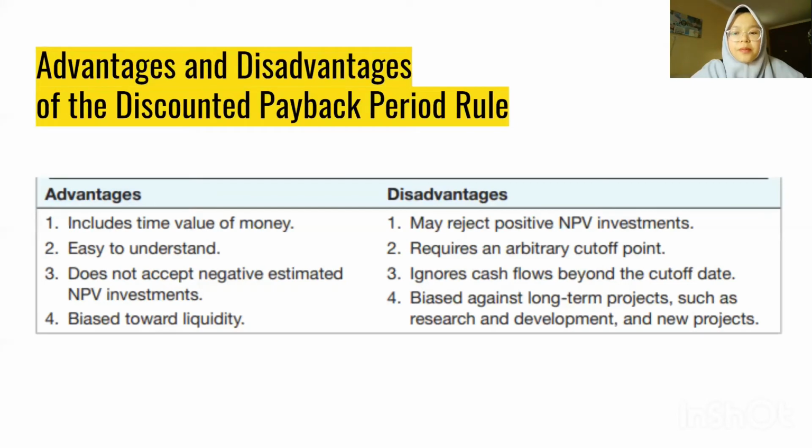The first one, it may reject positive NPV investments, and it requires an arbitrary cutoff point. The third one is that it ignores cash flows beyond the cutoff date. And the last one is that it is biased against long-term projects such as research and development and new projects because they take such an amount of time to be done.